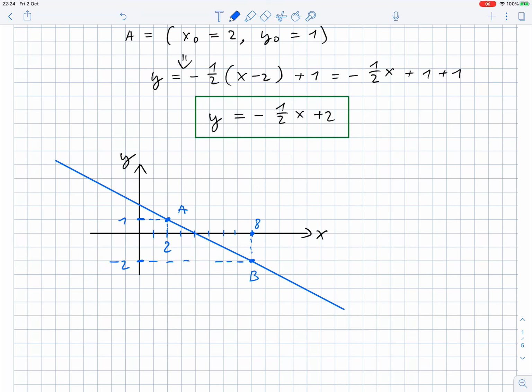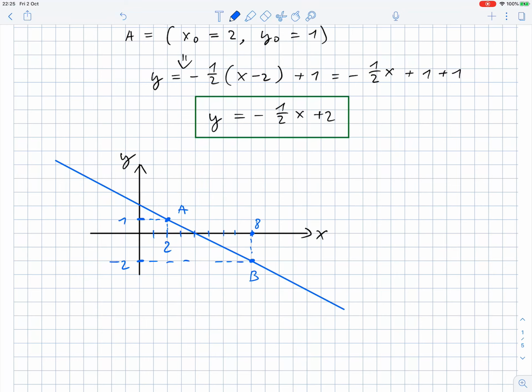Okay, next step, we can find crossover points between this linear function y equals minus half times x plus 2 and the y-axis, which is this point, and the x-axis, the second point. And how can we do that?